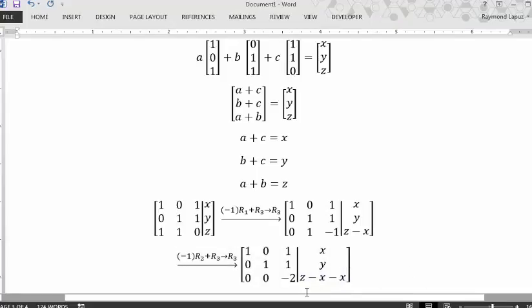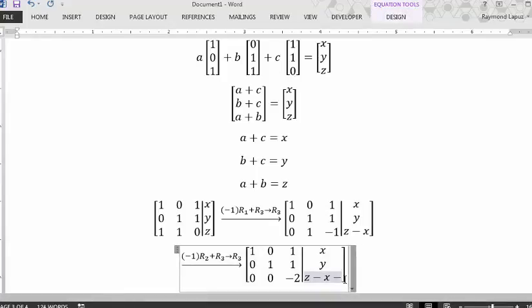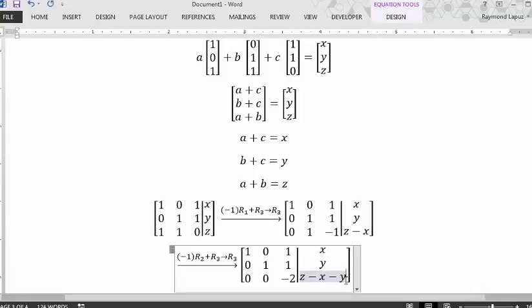Alright, so it looks like we have something in row echelon form here. So this is a little trickier to manage, because now we have x and then y, and then negative 2c is equal to this thing.